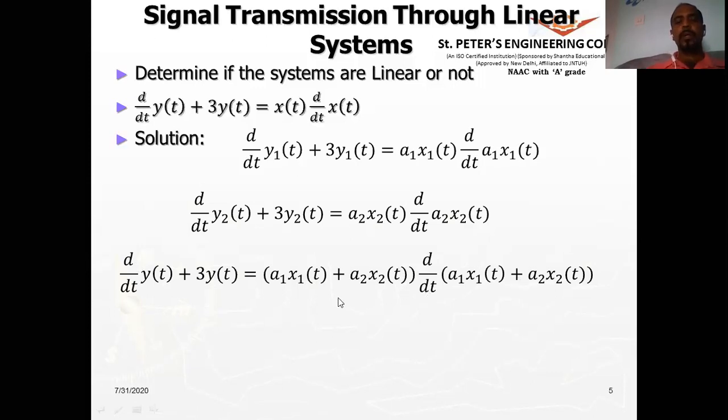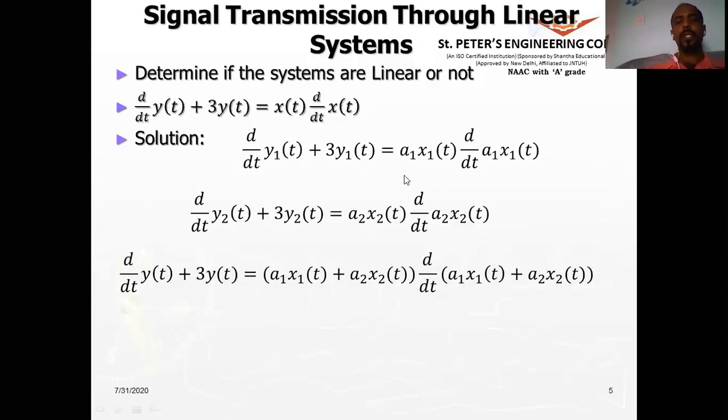We get 4 terms: a1 square x1 of t into d by dt of x1 of t, plus a2 x2 of t into d by dt of a1 x1 of t, then we have a1 x1 of t into a2 into d by dt of x2 of t, plus a2 square x2 of t into d by dt of x2 of t. So we get 4 terms.